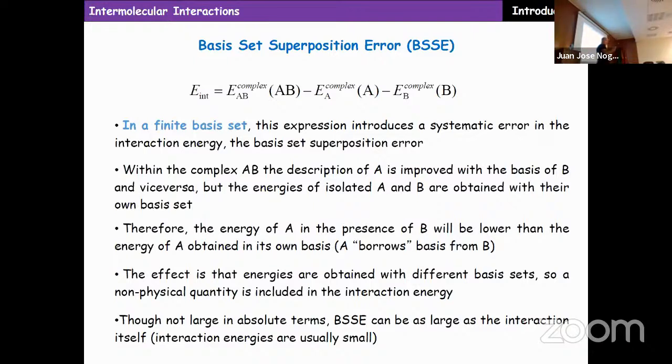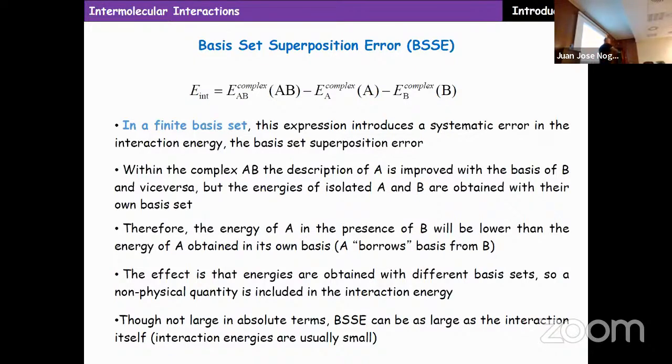The origin is exactly the same as the problem of the basis set size dependence of the energy. This basis set superposition error is negligible when I have a very large basis set. When I have a very large basis set, the basis set size problem disappears, and of course, the same for the basis set superposition error.